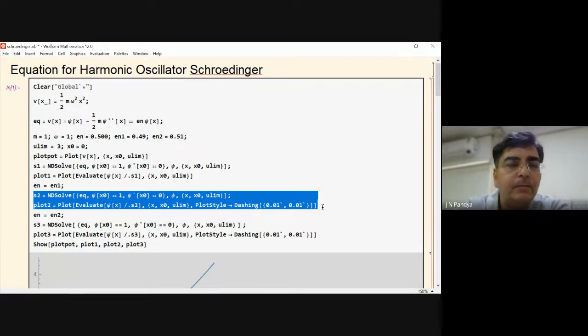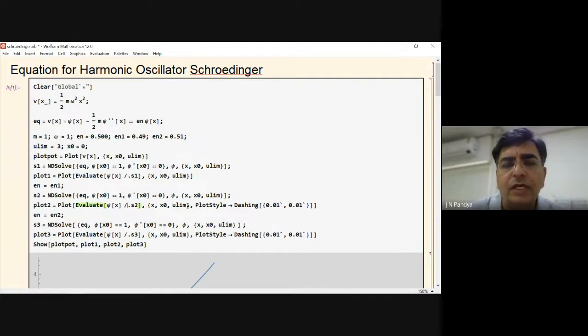Yes? You can see they are exactly the same equations. Obviously, the way you are plotting it is a little different. You have chosen to plot it in a dashed way, nothing else. But that is fine. You can even ignore this thing for that matter.